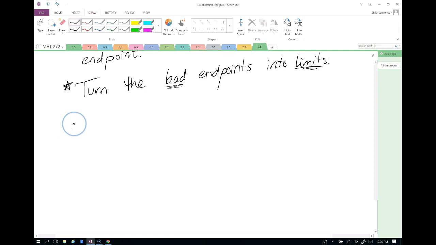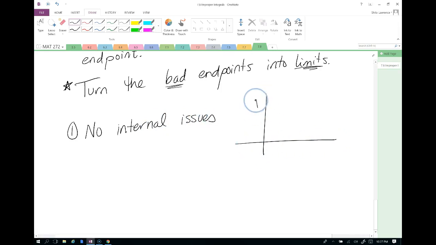And we're going to look at this in a couple of different cases. If your interval has no internal issues, so you look at the graph and you don't see any asymptotes, the only issue really is that one of your endpoints is an asymptote, or they're asking you to go off to infinity. So you've got positive or negative infinity or an endpoint asymptote.